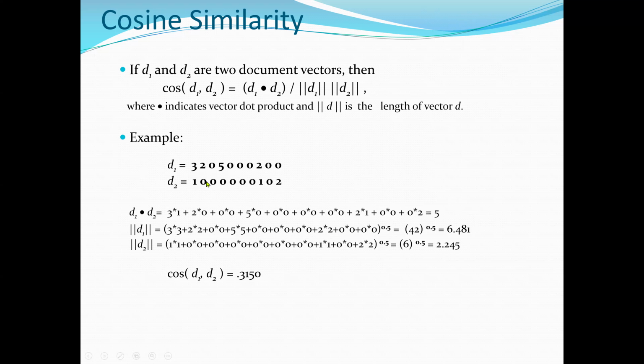The same thing with D2: square each value, sum all, then find the square root of it. Then when we get the values, we divide D1 vector dot product D2 by the length of the vector D1 multiplied by the length of D2, which is the formula here.